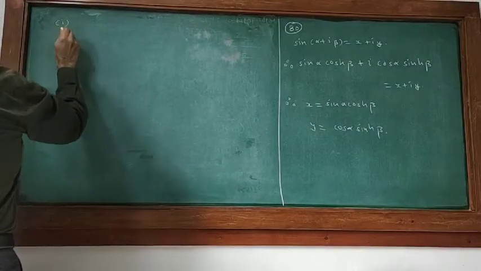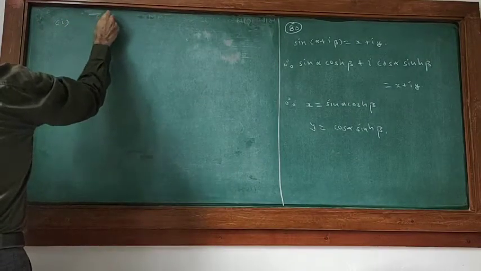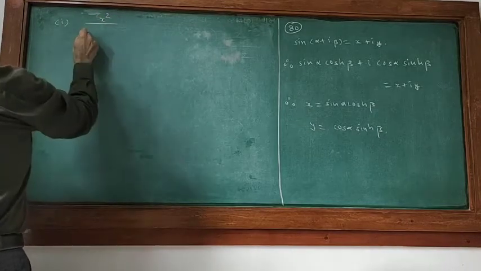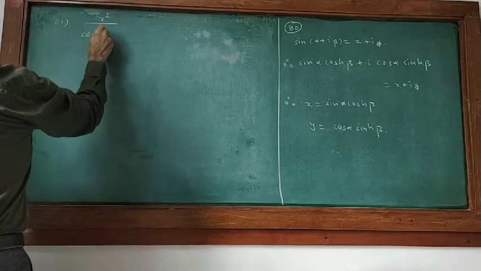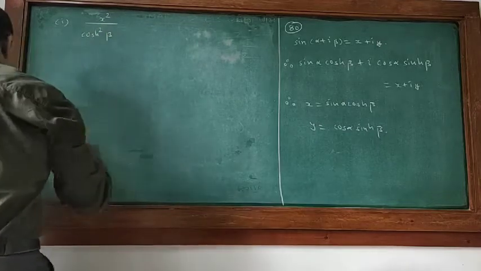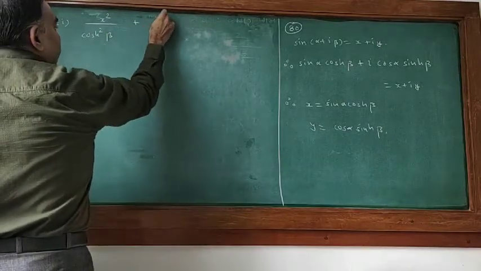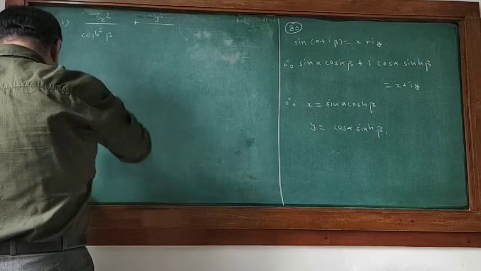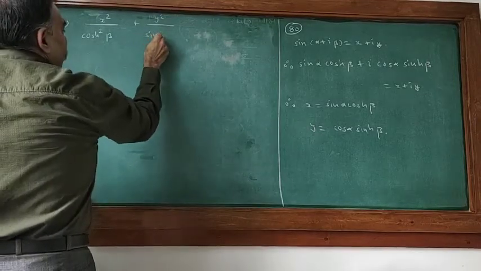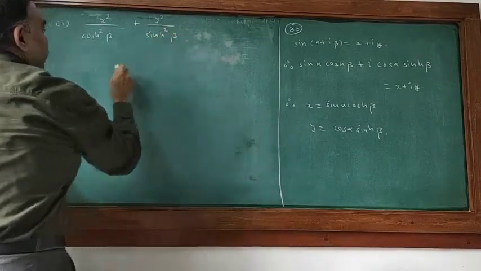The first statement is x square upon cos hyperbolic square beta plus y square upon sin hyperbolic square beta.